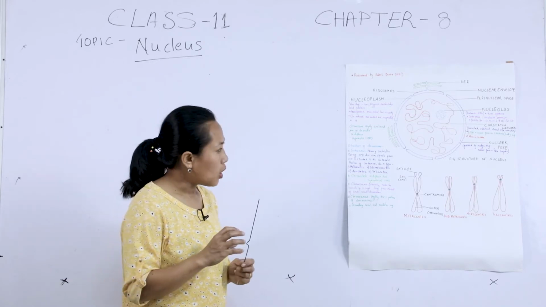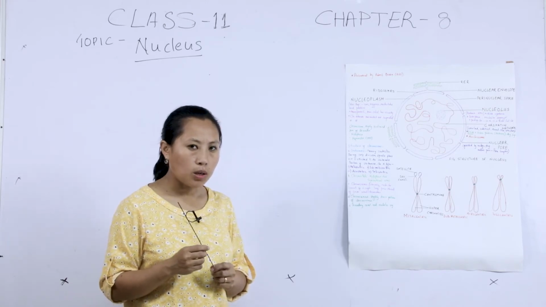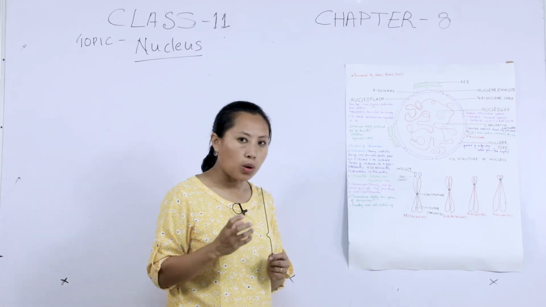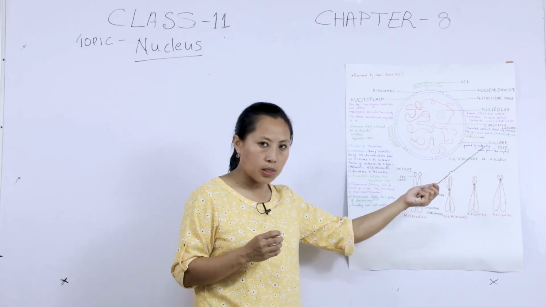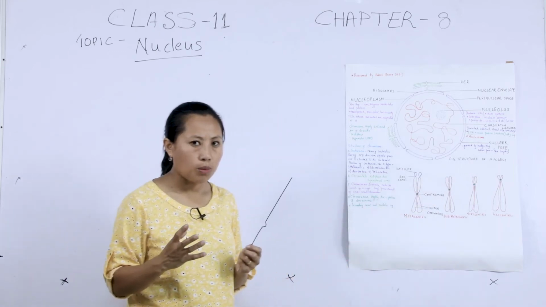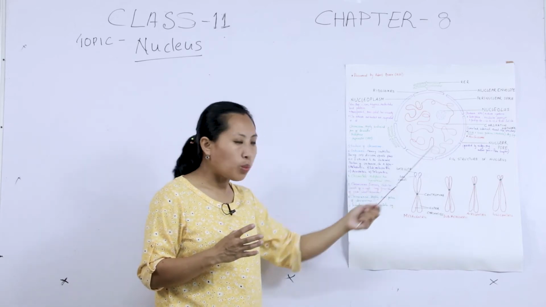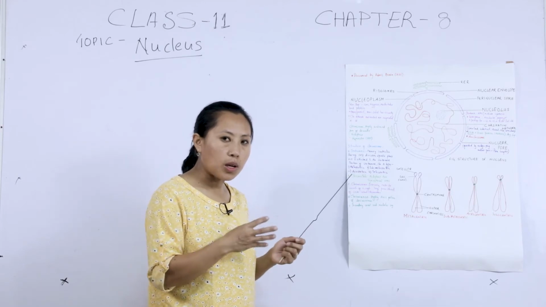So these nuclear pores are guarded by nuclear plugs, and together the nuclear pore and the nuclear plug constitute the pore complex. So it's not a simple structure, but a complex structure, and it is through these pores that exchange of materials takes place between the nucleoplasm and cytoplasm.